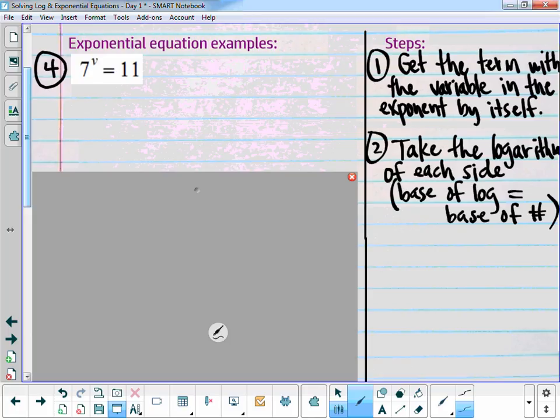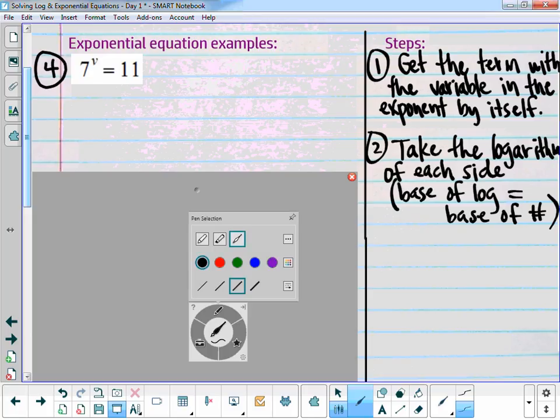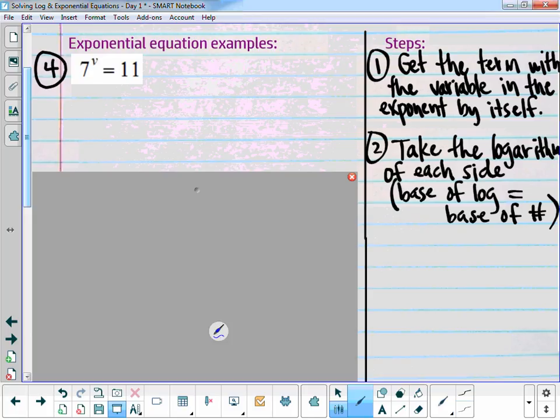So what is the base of our number that has our variable in this one? 7, right? So we are going to take the log base 7 of each side. Let's write log base 7 of 7 to the v equals log base 7 of 11. All we did is add log base 7 to each side of the equation.